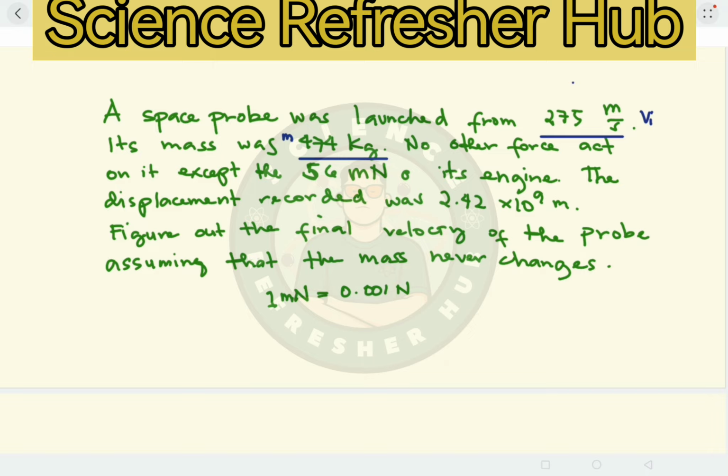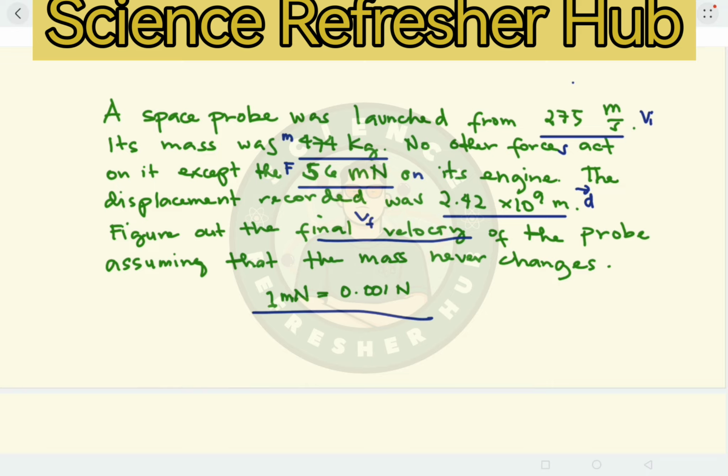No other forces act on it except the 56 millinewton force on its engine. The displacement recorded is 2.42 times 10 raised to 9. This is our displacement. Figure out the final velocity. This is our target, using the work-kinetic energy theorem of the probe, assuming that the mass never changes.